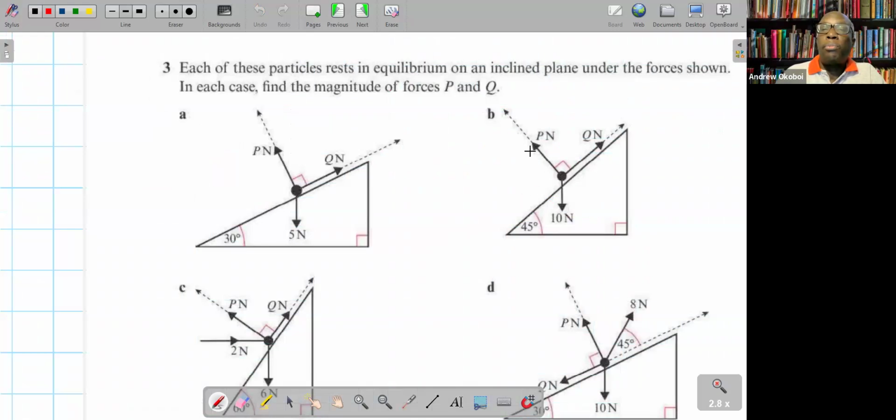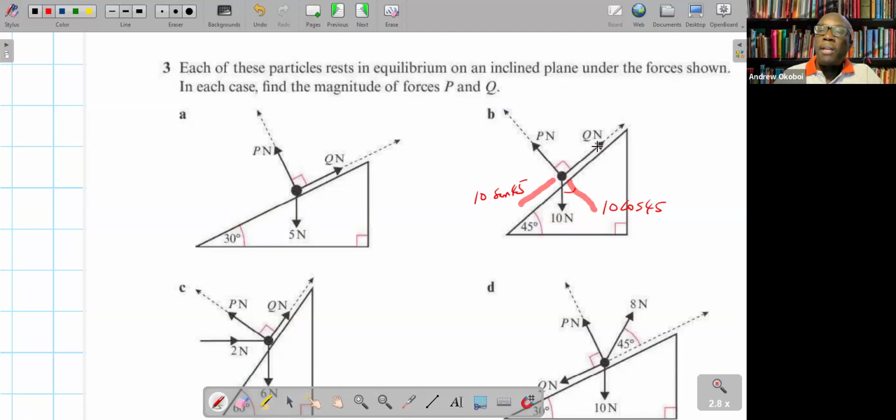P is on the perpendicular, Q is on the parallel. This force here and this force here will become functions of 10. So this one is 10 cos 45, because remember this is 45 degrees also, and this will become 10 sine 45.